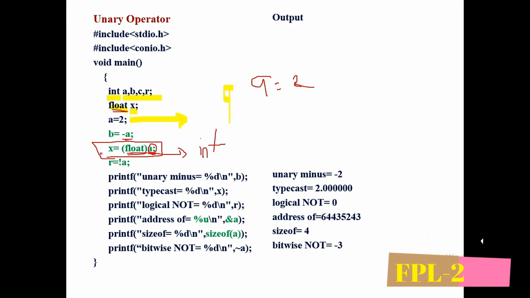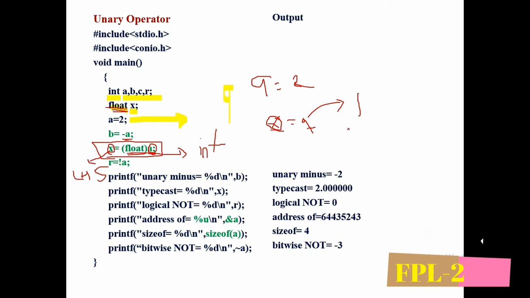X, present on the left hand side, is where we want to store the value of A. Here X is of type float, so we cannot simply write X is equal to A, because A is of type int and X is of type float. So we have to convert this value into the data type of X.